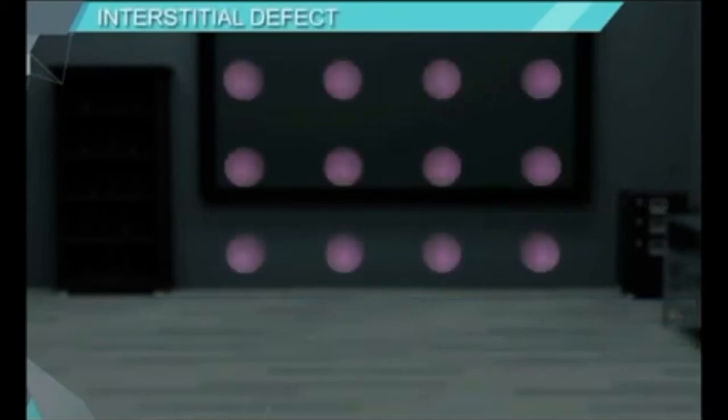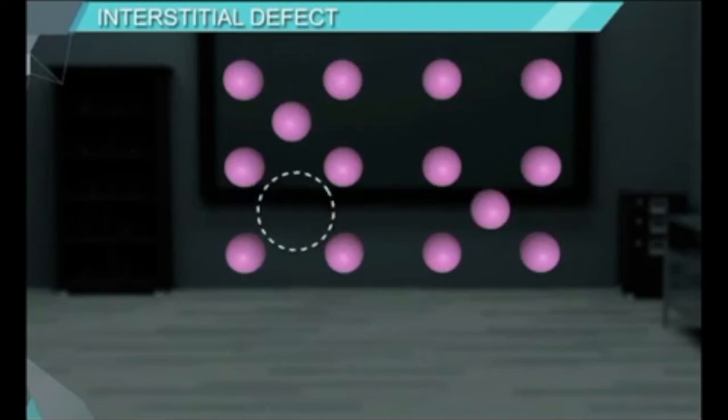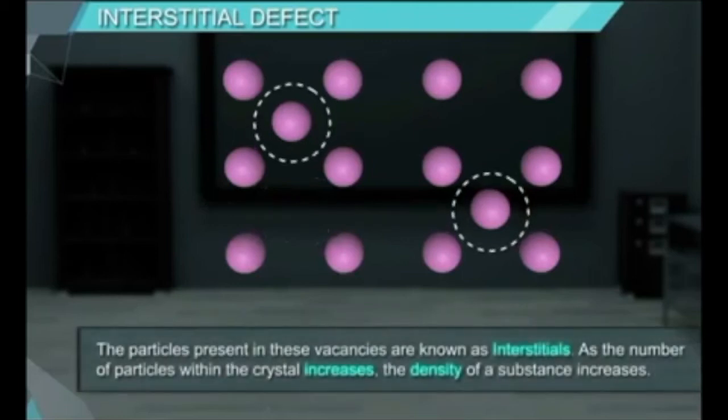Interstitial defect. Interstitial defect is caused when some of the constituent particles, which can be atoms, molecules or ions, are present in the vacant spaces in the crystal structure. These vacant spaces are known as interstitial sites, and the particles present in these vacancies are known as interstitials.